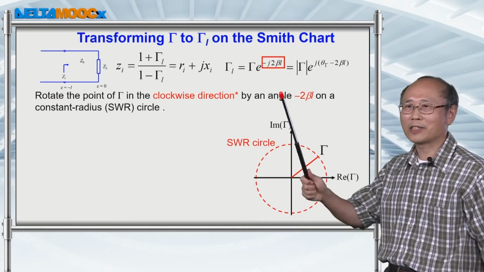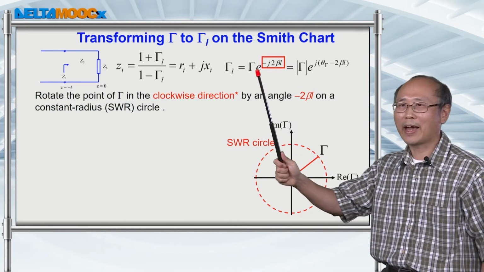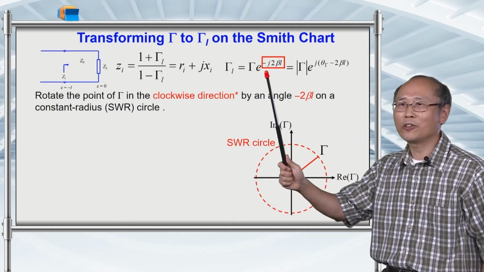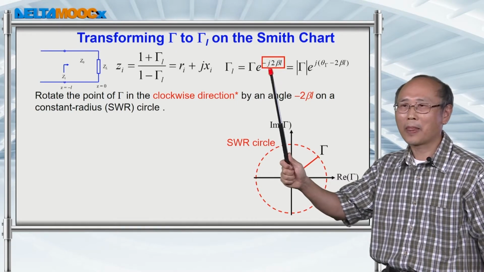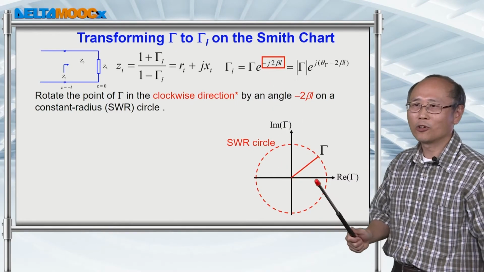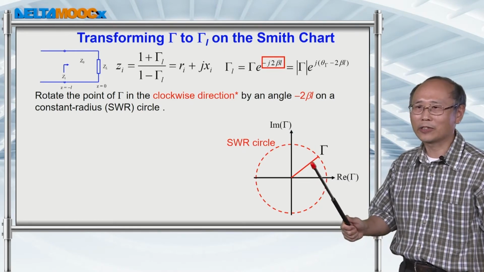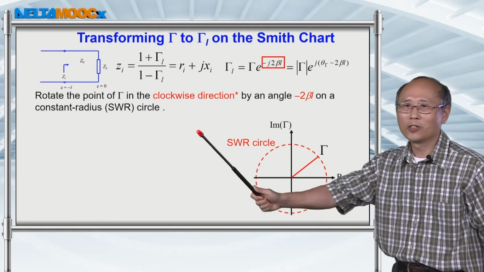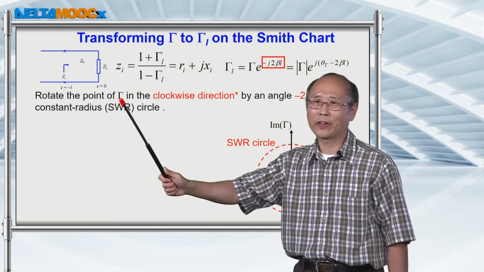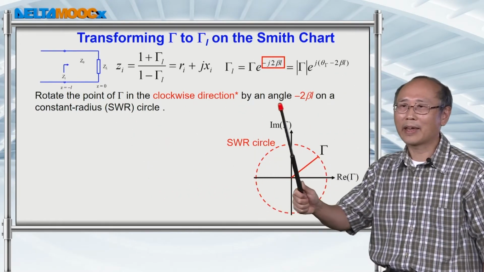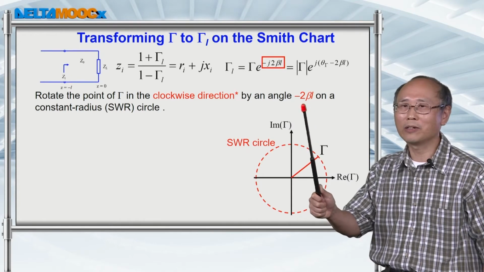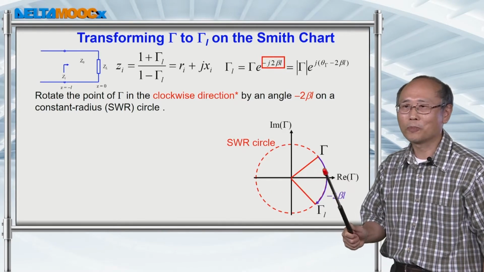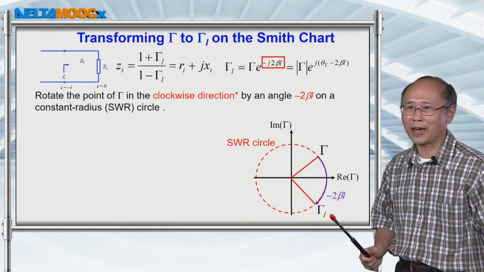Because this 2 beta L has a minus sign here, if you want to convert gamma into gamma L, you need to add an additional negative phase angle to it. For a negative phase angle, you rotate in the downward direction, or along the clockwise direction. So if you rotate the point of gamma in the clockwise direction by an angle equal to minus 2 beta L on the SWR circle, then you'll be seeing the value for gamma L.